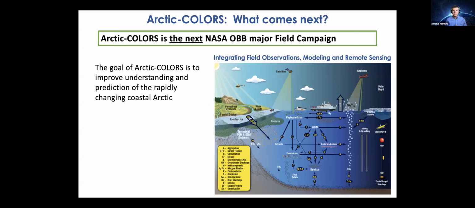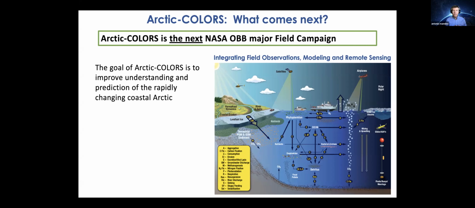I know that that's come up during this meeting and in other venues when we've been able to gather and discuss. But just to be clear, Arctic Colors is the next NASA Ocean Biology and Biogeochemistry Program major field campaign. Currently, NASA OBB is supporting the EXPORTS field campaign that you may have heard about, an oceanographic field campaign looking at carbon fluxes and topics such as the biological pump in major ocean basins.